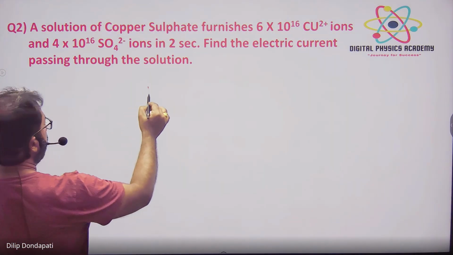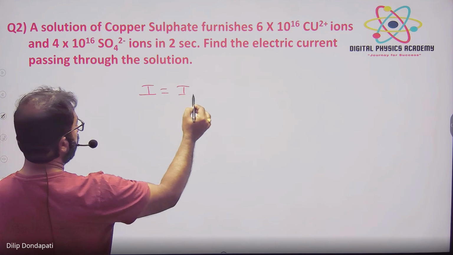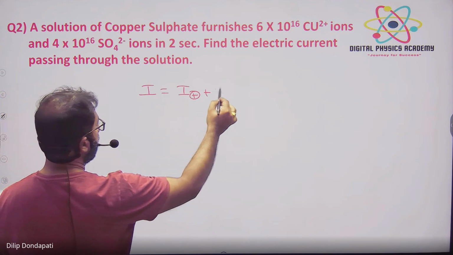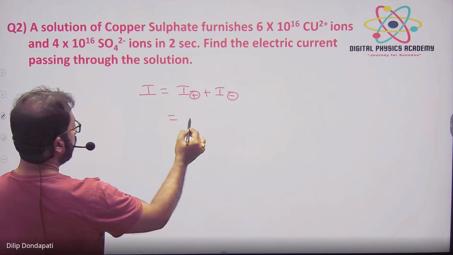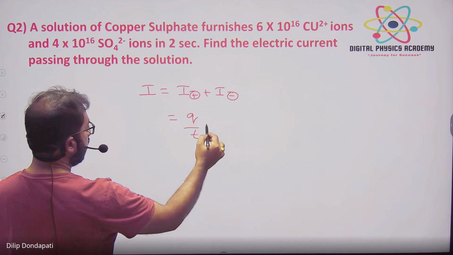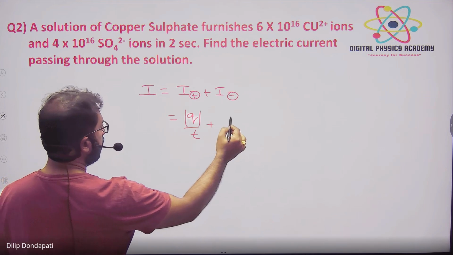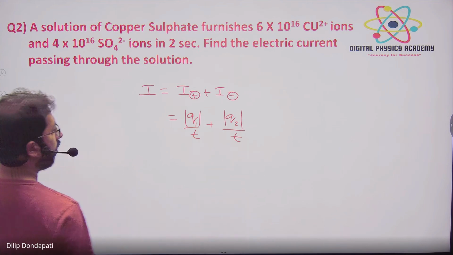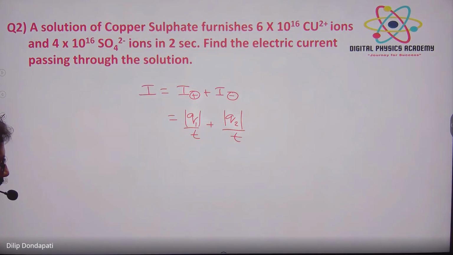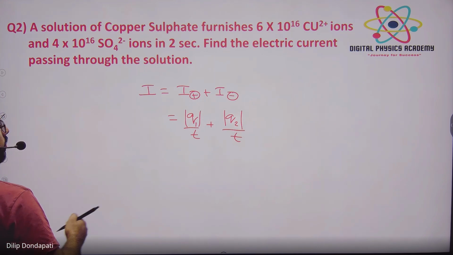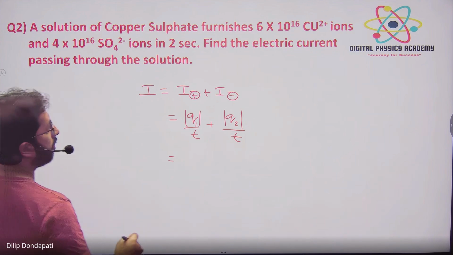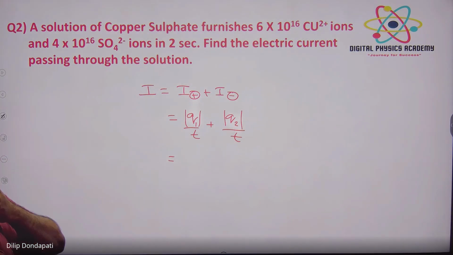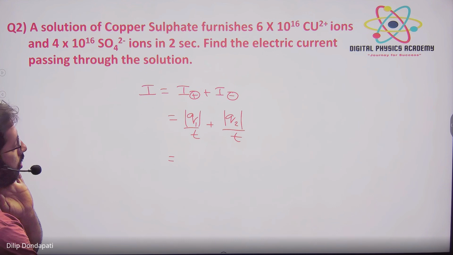So use it. The current is the current due to positive ions plus the current due to negative ions. So this is Q by T plus, I'm talking about magnitude, here also Q1 plus Q2 by T. Now, Q1 means how much charge is that? Tell me. How much charge will there be in Q1? Let's say copper ions are Q1. How do we find it?